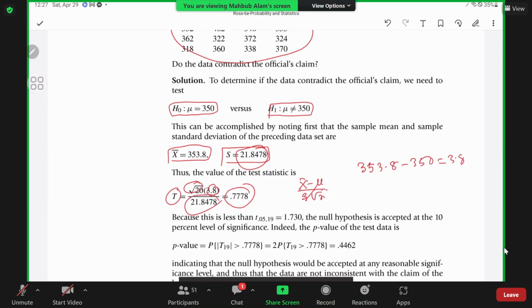A very interesting thing here is that when the null hypothesis is true, this is 0. So this quantity is 0 and is eliminated from the test.